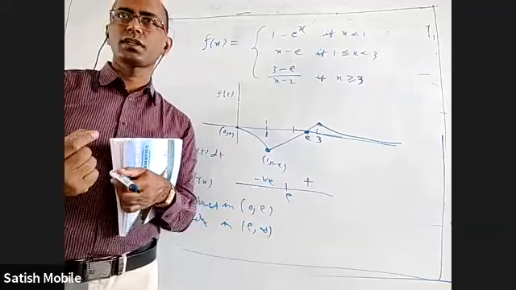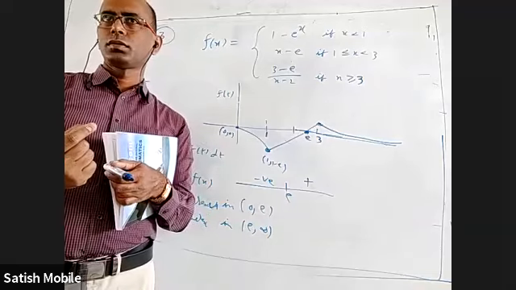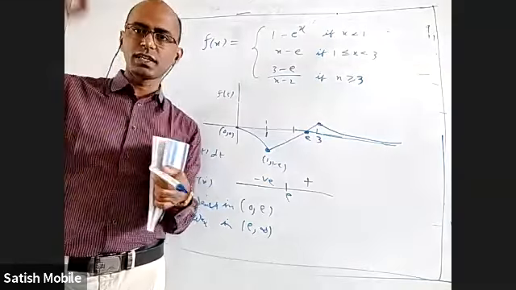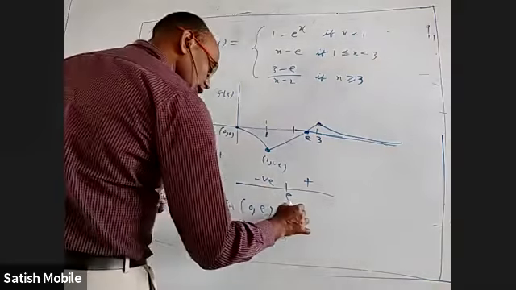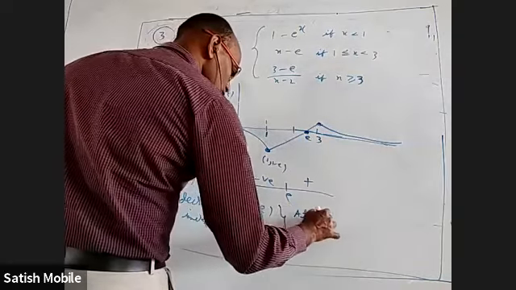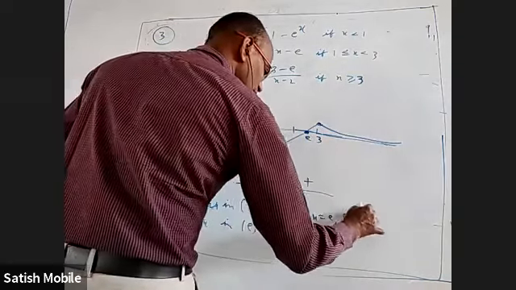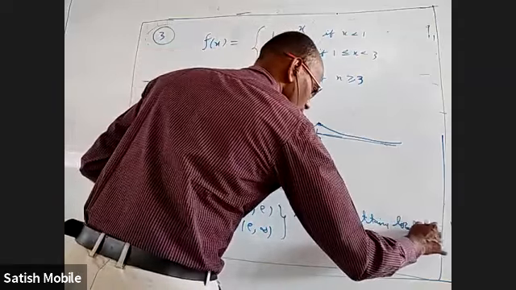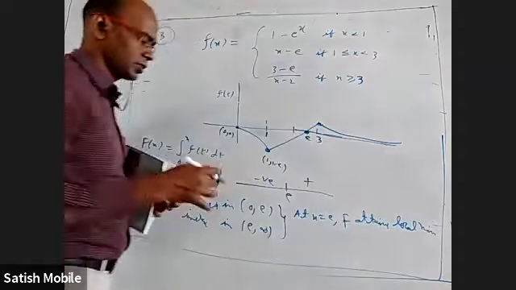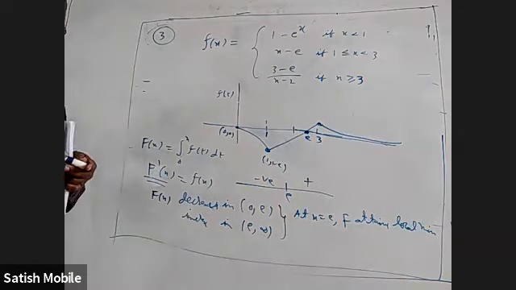At e, what do you say? Local minimum. It decreased and then increased, so local minimum. So from this we can say at x equal to e, capital F attains a local minimum. It is also an absolute minimum here because it is not coming below that anywhere.